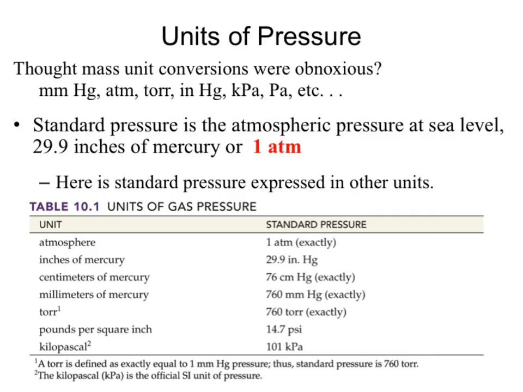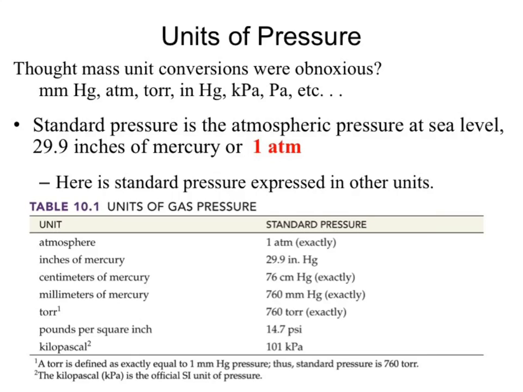Conversions. You now have to convert each and every single one of those units to any one of the other units. Okay? Just like our English to metric conversions, we now have that with pressures. So the table in your textbook goes through and gives us what each of our standard pressures are and relates them to all of the other units.